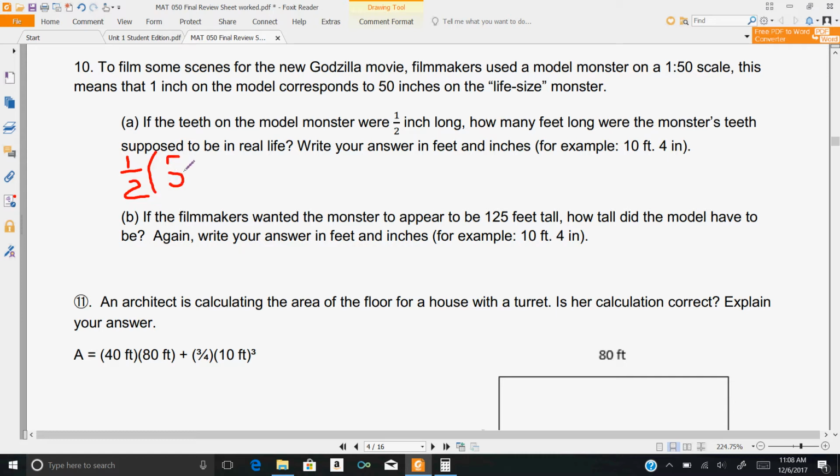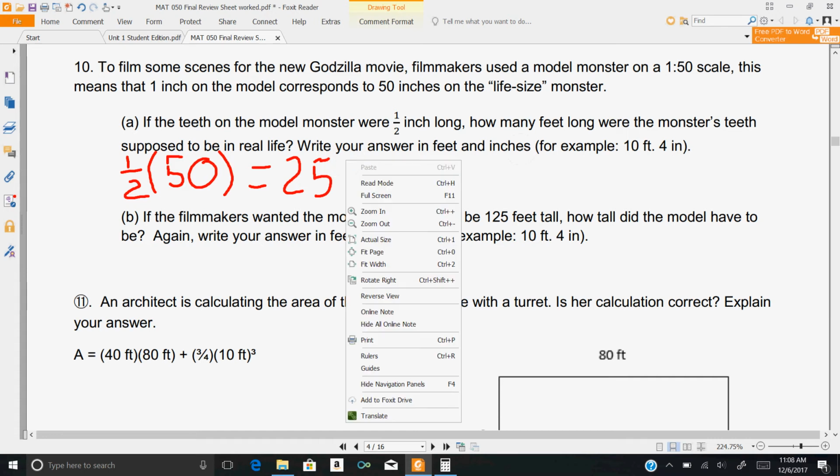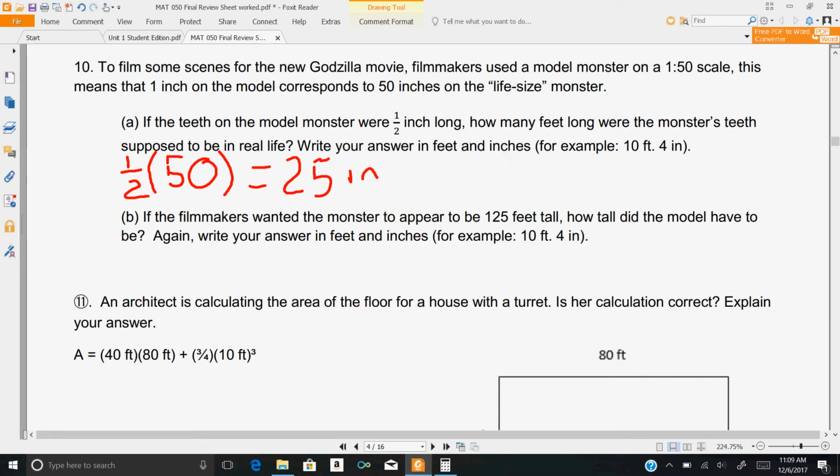I'm going to take 50 times 1/2. And I should have written inches after half, but 50 times 1/2 is 25 inches. But the question wants us to do that in feet and inches.